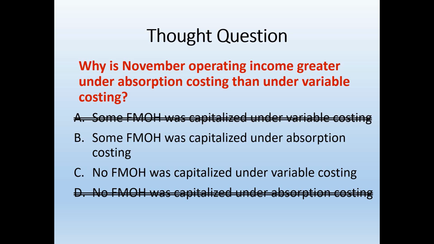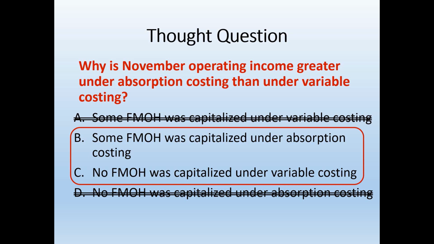It also can't be answer D, because fixed overhead was capitalized under absorption costing in the units that were made but not sold. So we could say that some fixed overhead was capitalized under absorption costing. We can also say that no fixed overhead was capitalized under variable costing. These are both good explanations of what happened in November.